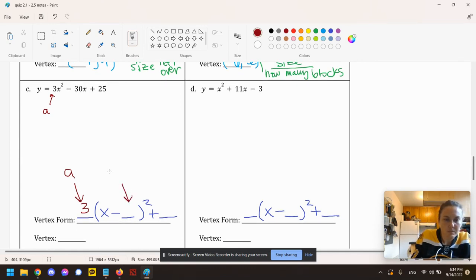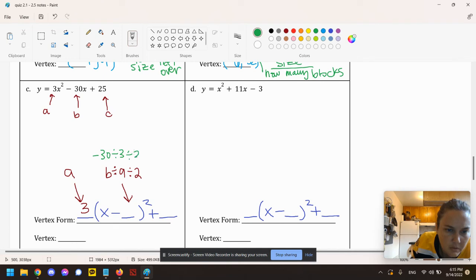This is always B divided by A and then also divided by 2. Where this was B. And that was still A. So here, my B divided by 2 divided by A, I have negative 30 divided by 3 divided by 2. Negative 30 divided by 3 is negative 10. Divided by 2 is negative 5.